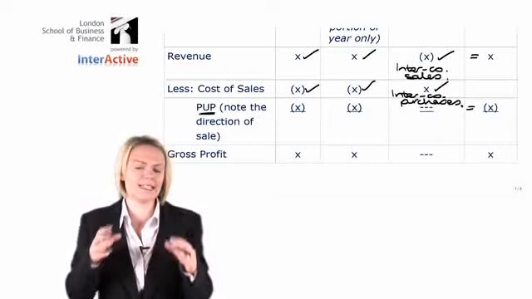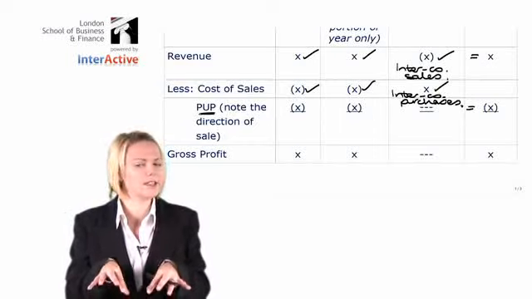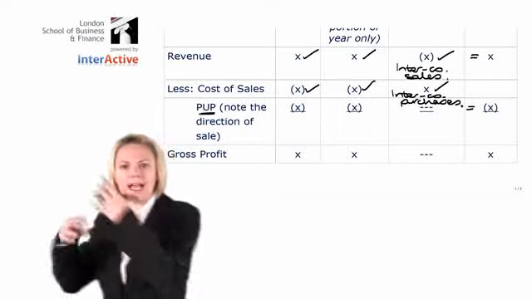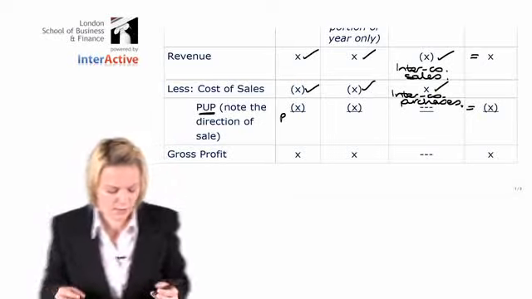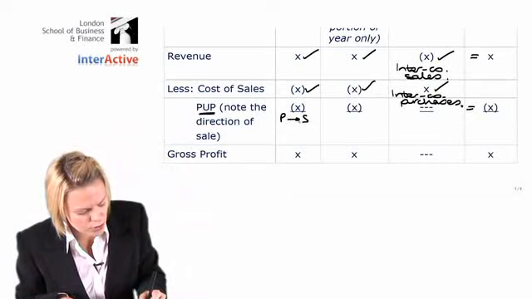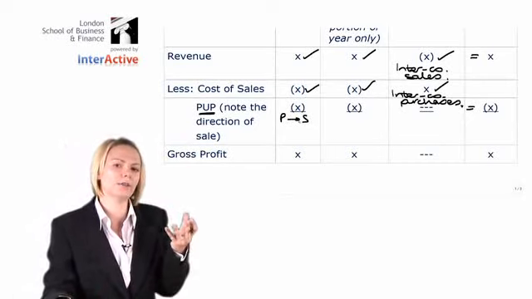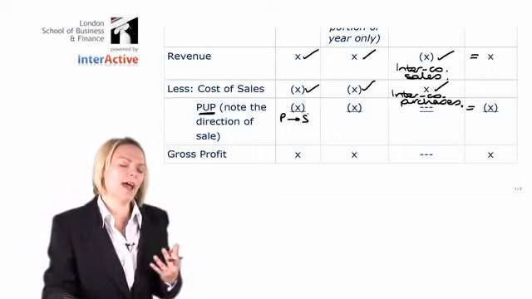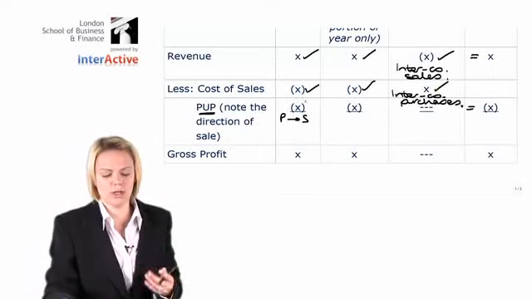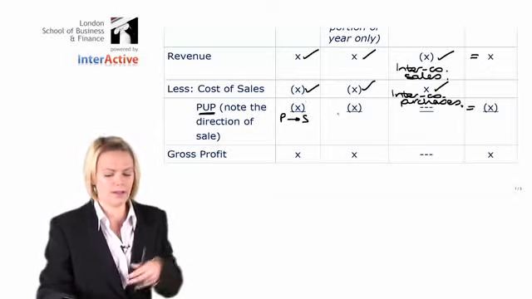So if there's any PUP arising in the current year, that will also affect the current year's profits. Because remember, current year's profits get added to retained earnings. So, if the parent sells goods to the sub, the parent's profit is too high. We reduce that down by adding it to the parent's cost of sales. And notice that's a negative figure because it will reduce profit.